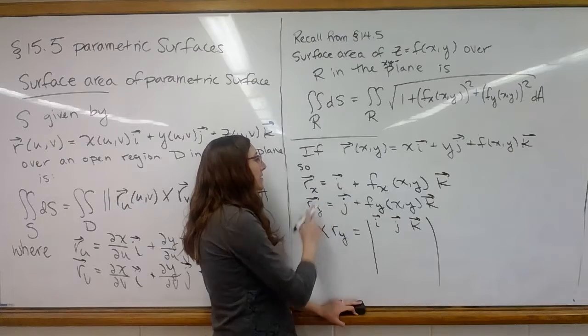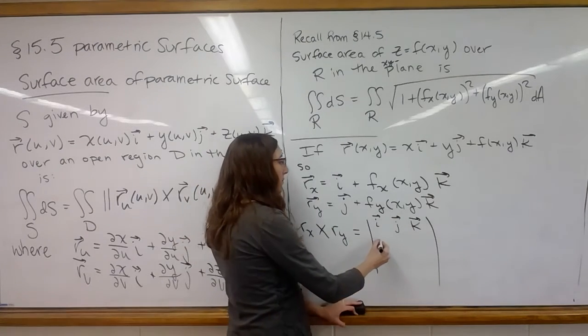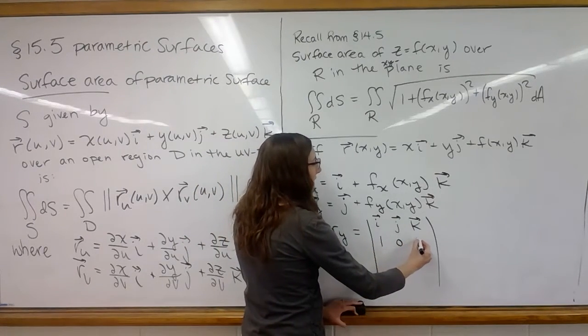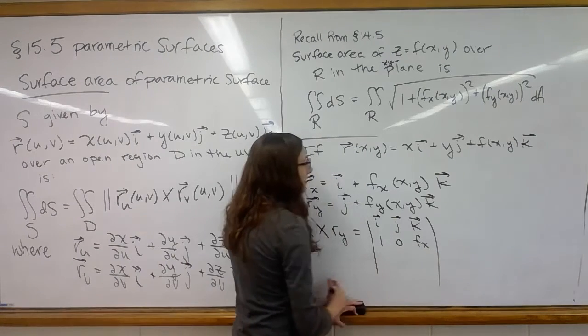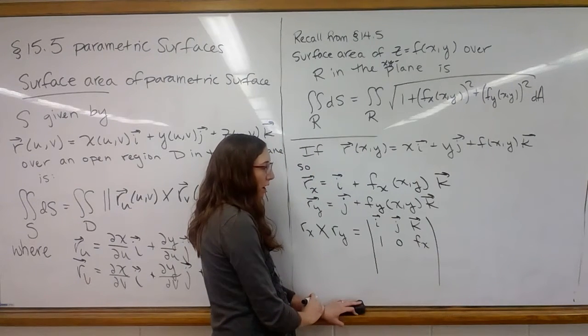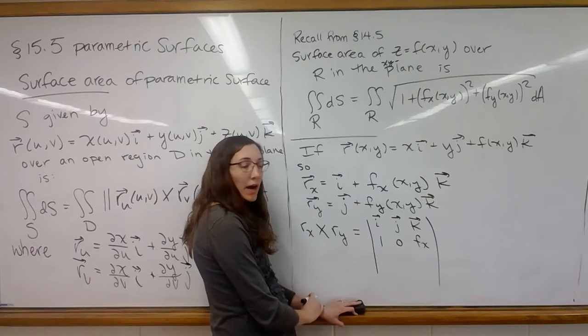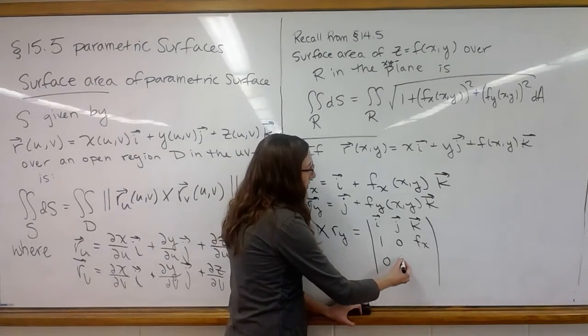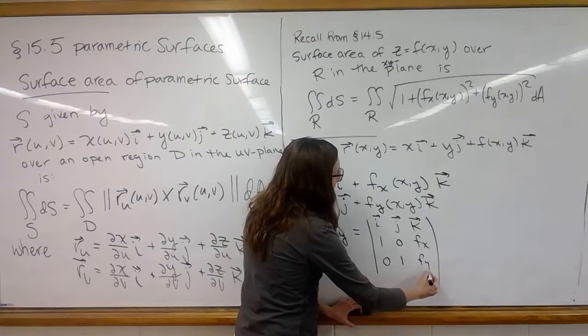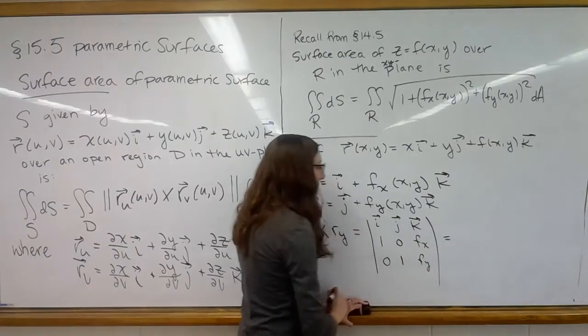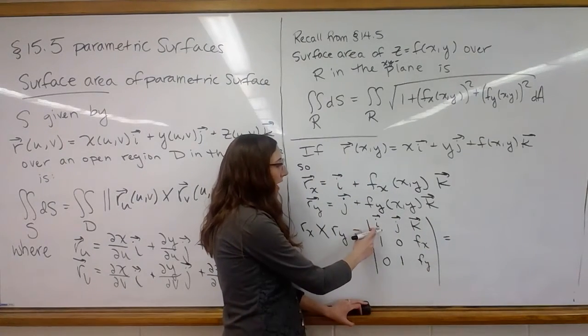Then the x derivative, r sub x, is going to be a 1, 0, and then I'll just put an f sub x. I'll leave off the of xy, we can just keep it in our minds. And then r sub y was 0, 1, f sub y. So then when we compute that cross product, we do the i first.